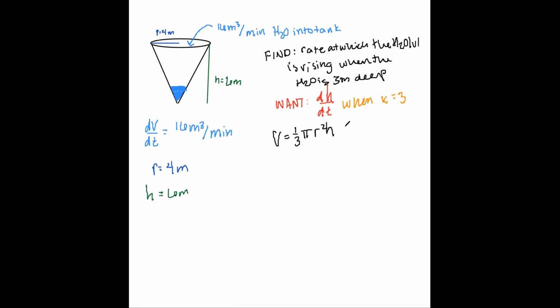What can we do to this to end up with something that includes the pieces that we want? Also, it's not x, it's going to be h. Because again, sorry, I'm thinking through this a little bit. This is the cone that we're mostly concerned with right now.